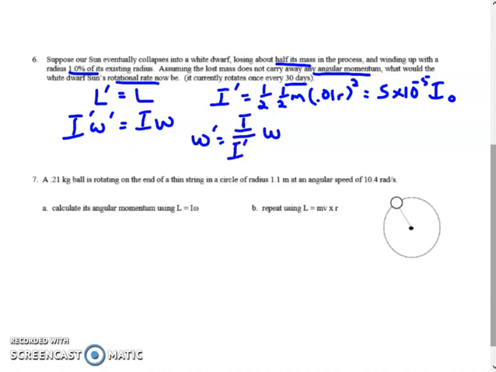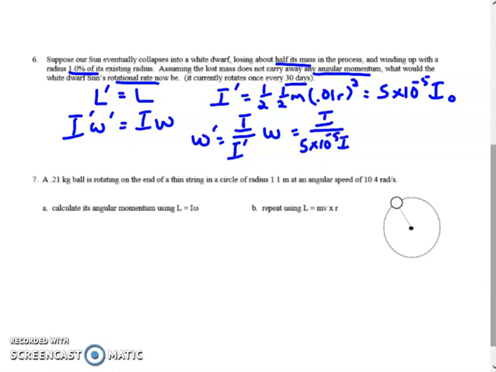So what we have is that I over I prime is 5 times 10 to the negative 5th times the original.